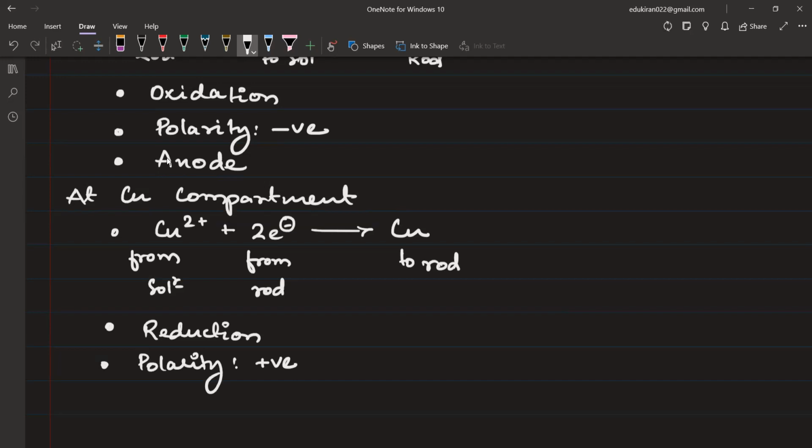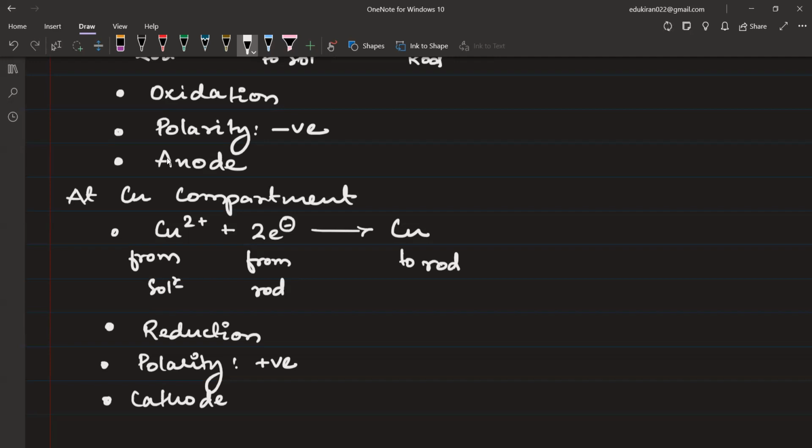Also, these 2 electrons come onto the rod and get taken by Cu2+. That is also why it is positive. And wherever reduction happens, it is going to be the cathode. Got it? Yes or no?